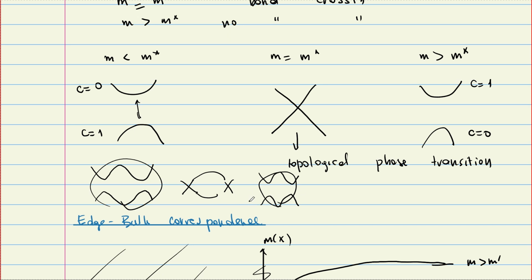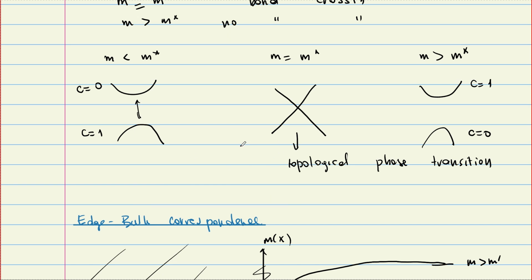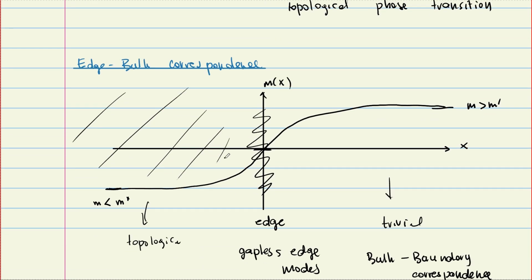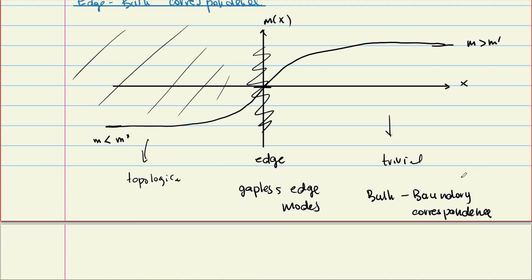I will come back to this example a little bit on Monday, but the point is that you have to let these worries go. This is an argument that saves you from a lot of calculations, because this is quite generic. Independent of these little details, the most important conclusion is that you have gapless edge modes in topological phases.